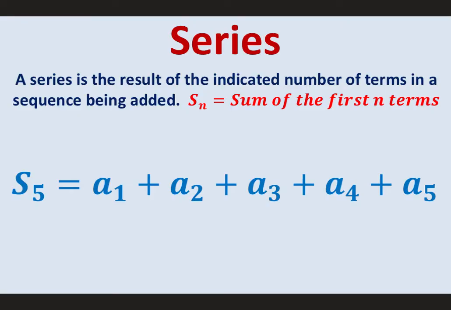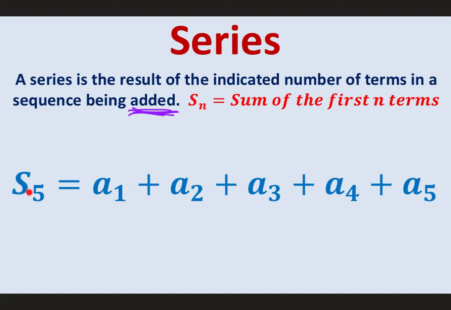Now, another thing that you'll see in this chapter is something called a series. A series is the result of the indicated number of terms in a sequence being added together. So series means add them all up. When I see S sub n, it means the sum of the first n terms in the series. So S sub n means you add up terms 1 through n.